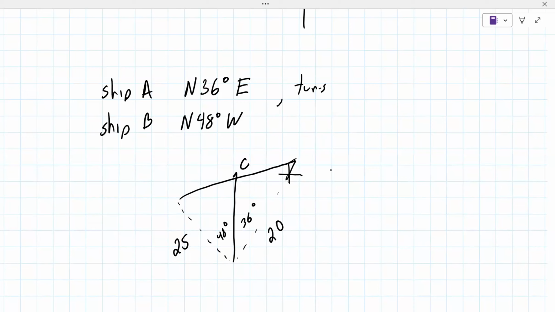Calculate C. Are the angles near C 90 degrees? Do you know this whole angle? Yeah. So this is a law of cosines problem.